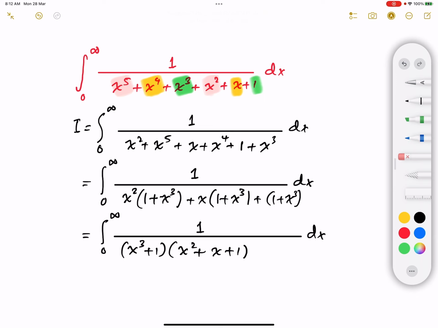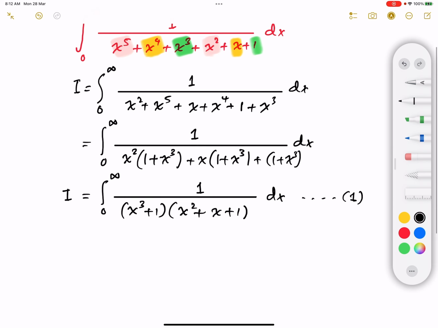We can make this shorter because we have simplified it. I will call this equation in particular equation number 1, which is basically I, of course.